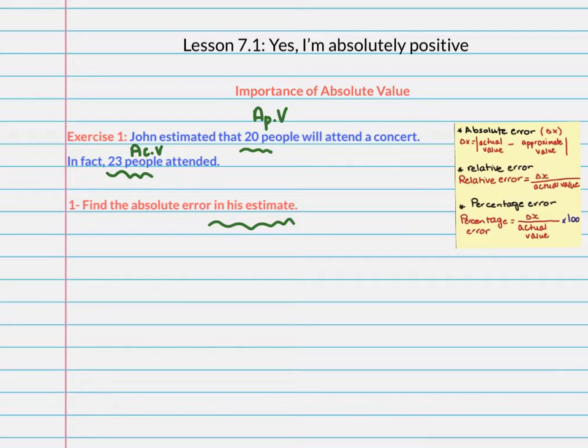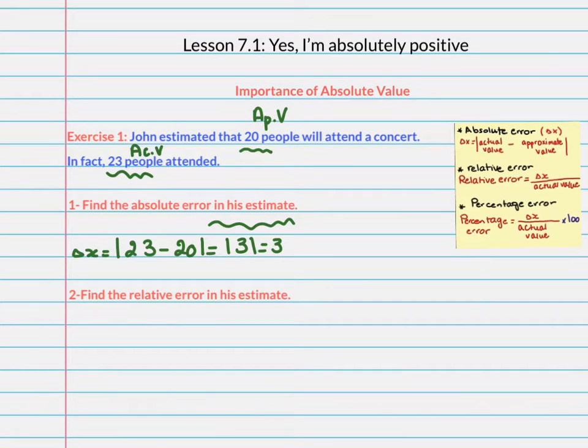Now, in order to apply the rule, delta x is equal to the absolute value of the actual value, which is 23, minus the approximate value, which is 20. Then it's going to be the absolute value of 3, and that's 3.